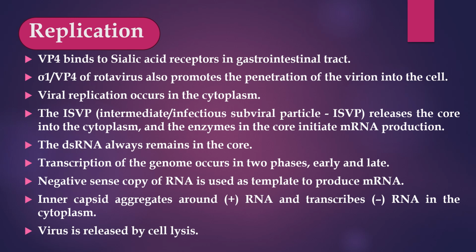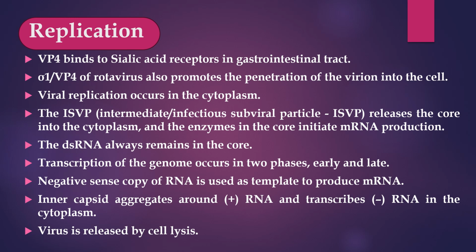The viral replication occurs in the cytoplasm of the host cell, and the virion outer capsid protects the inner nuclear capsid and the core from the environment, especially the acidic environment of the gastrointestinal tract. The ISVP releases the core into the cytoplasm, and the enzymes in the core initiate mRNA production. The double-stranded RNA always remains in the core.